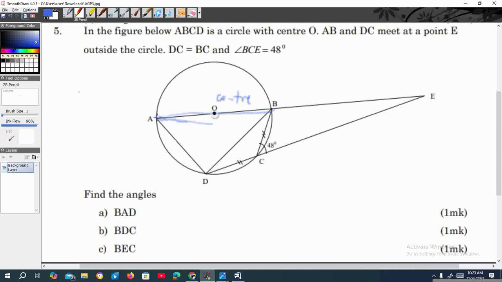So now the same chord is subtending this angle here on the circumference of the circle. So this angle is going to be 90 degrees. So angle ADB is going to be 90 degrees, since that is subtended on the circumference by the diameter of the circle.